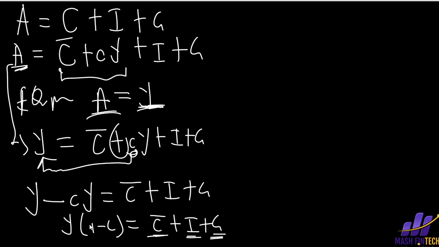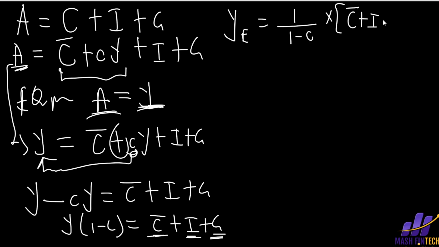And then you divide both sides by 1 minus C. So the equilibrium level of income is 1 over 1 minus C multiplied by autonomous consumption, autonomous investments, and autonomous spending by government.